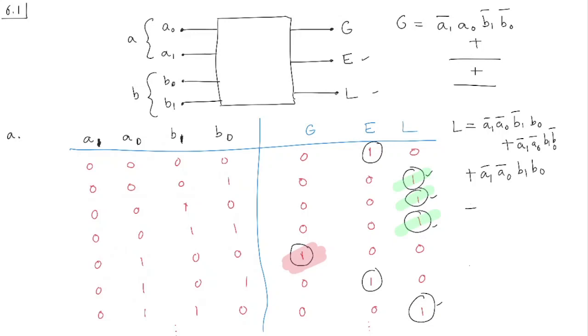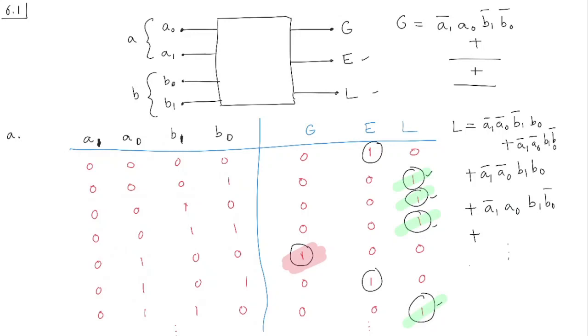And then lastly, we have the minterm for this one here, which is A1 bar, A0, B1, B0 bar. And then, of course, there will be other terms because we have not written all the terms in the truth table. Okay, hopefully that makes sense. You can look at the complete solution in the solutions that I have provided to you.